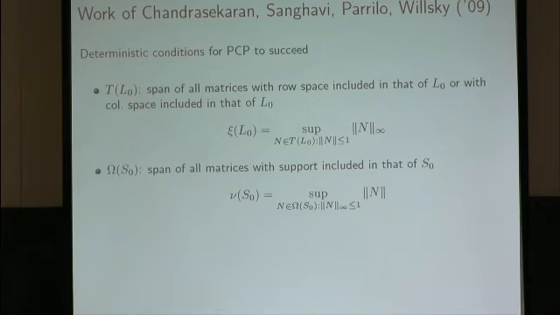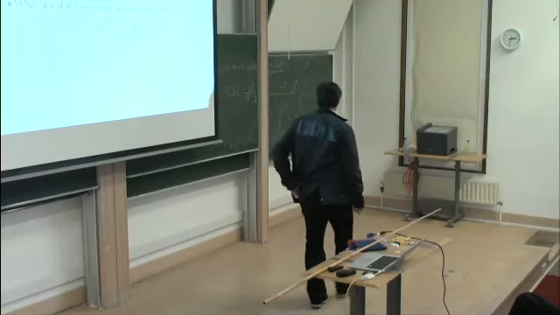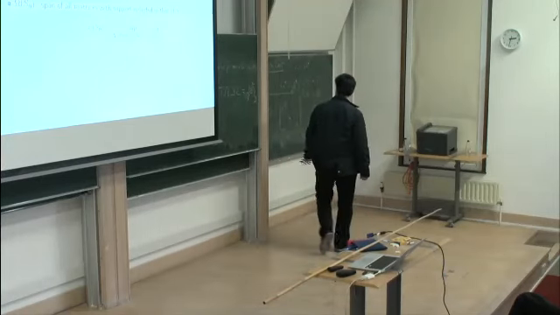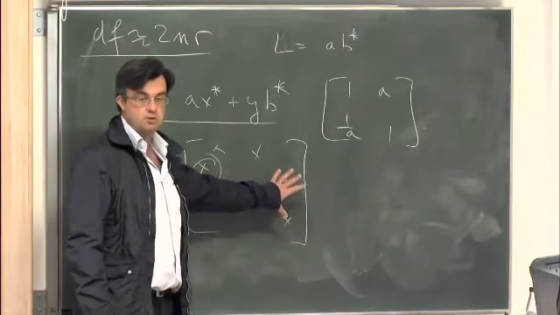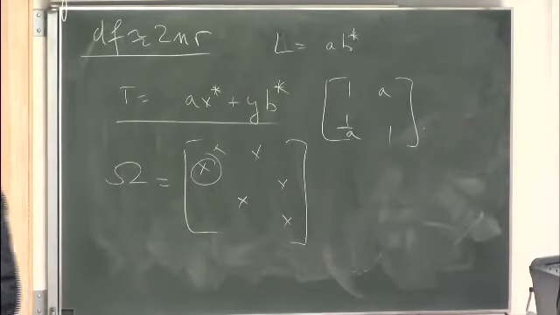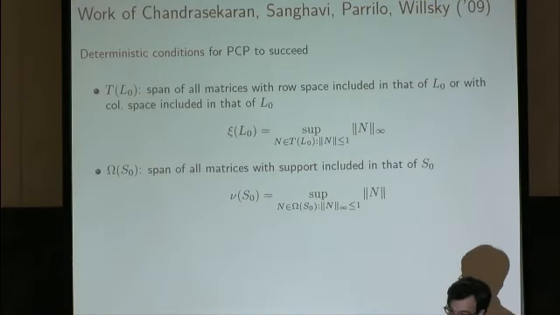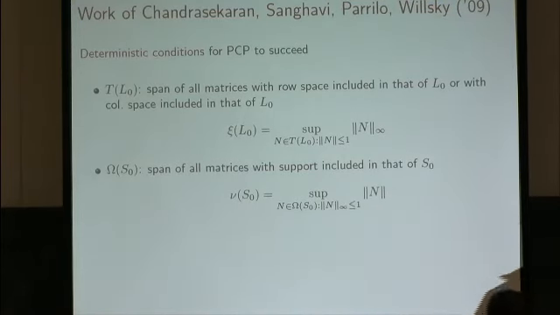And then they introduce a similar quantity, which is omega S naught. And omega S naught, remember, is a set of matrices which are supported on the corruption pattern. And they introduce a modulus of continuity over that linear subspace, and that modulus of continuity now is the sup of the spectral norm over matrices in that subspace whose maximum entry is bounded by 1.